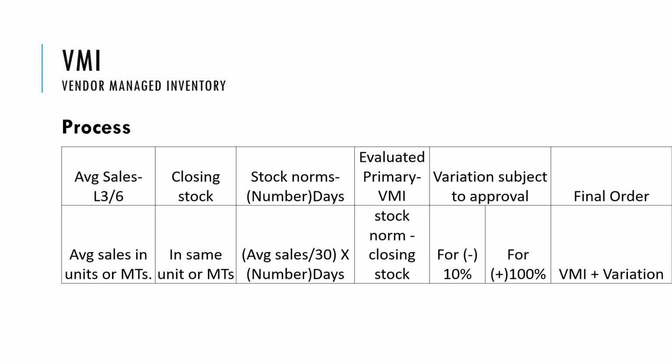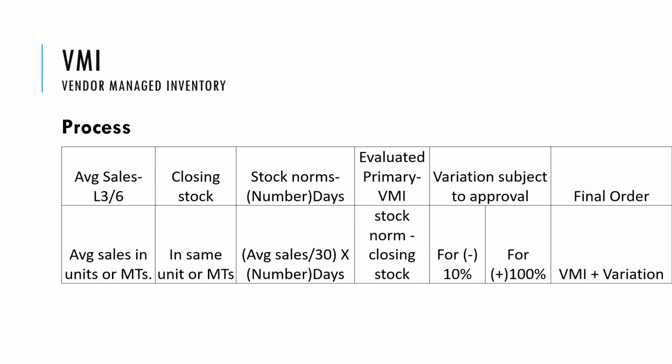Now, variation subject to approval. Like I said, if the customer says no, I don't want to sell it, or I don't want to engage or invest my money in it, you can give him a maximum 10% discount on that evolved primary or VMI, which is, 50 can become 45, but not even 44.